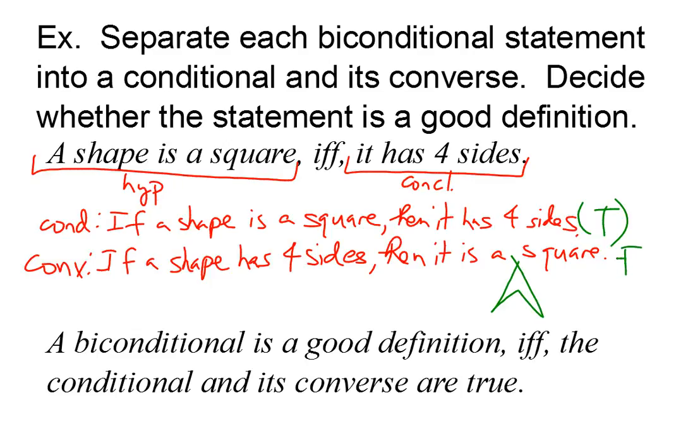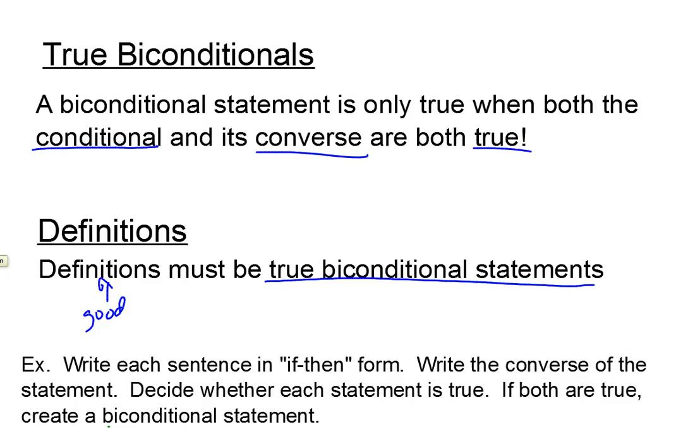So that's false, right? So, is this a good definition? Well, again, to determine whether something is a good definition, both the conditional and the converse have to be true. Since they're not both true, this is a bad definition. Okay?